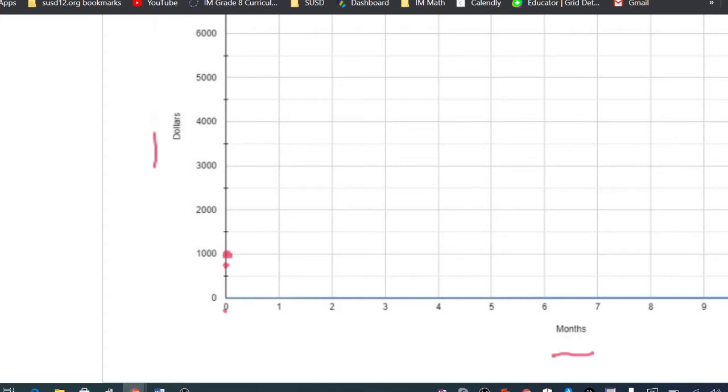After the first month, I had earned $500 additional. Oh, my touch screen's not working properly. My pen is far away from where the dot is going. Anyway, after 2 months, I had earned another $500, so I had a total of $2,000 in my bank account.